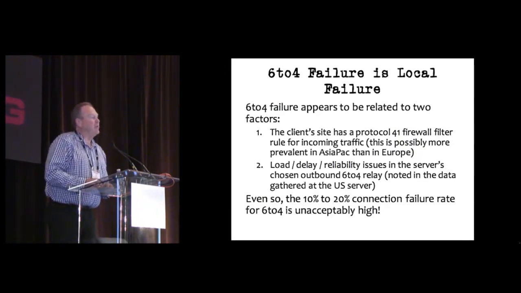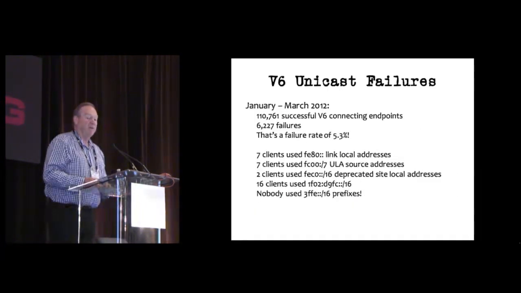But more to the point, everyone runs some kind of filtering and firewall rules for incoming traffic. And there's an awful lot of folk who say protocol 41 is unknown, throw it out. So you can send out a packet, but you never get one back. So around 10 to 20% connection failure rate is self-inflicted damage. Folk are running firewalls and filters out there in front of them that just simply block the incoming traffic.